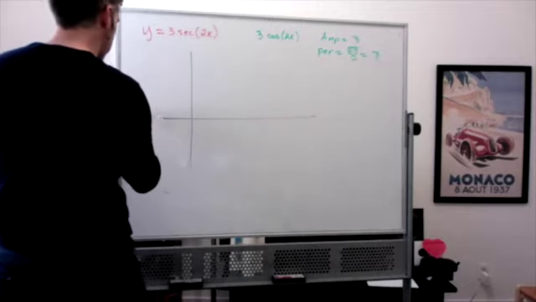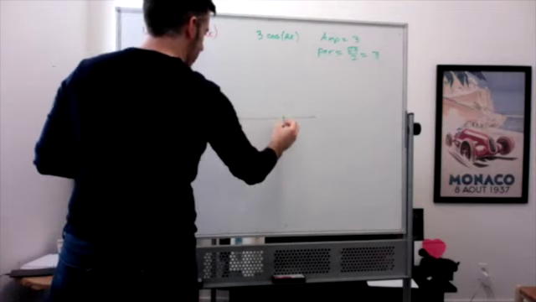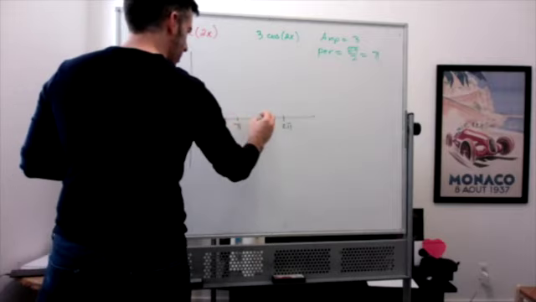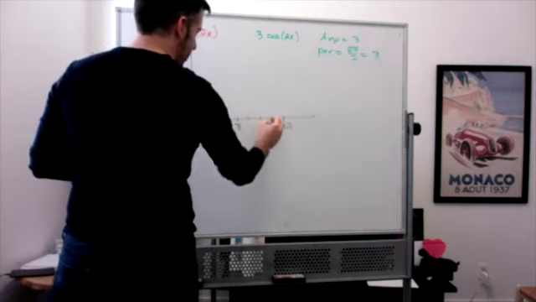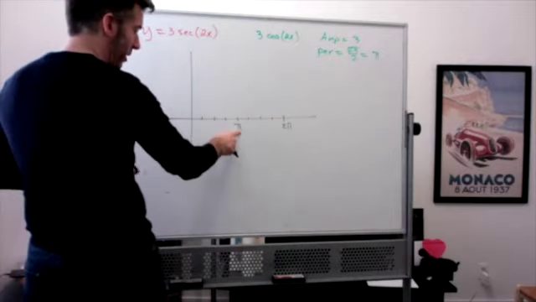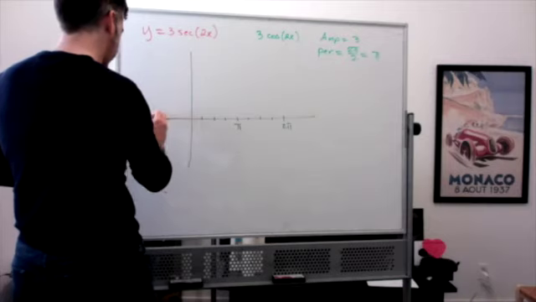Let's give ourselves some room. Let's say this is pi, this is 2 pi. I'm cutting these periods into quarters, although I'm not writing all the values, right? Here's my period pi, cut up into quarters. And let's go negative as well.